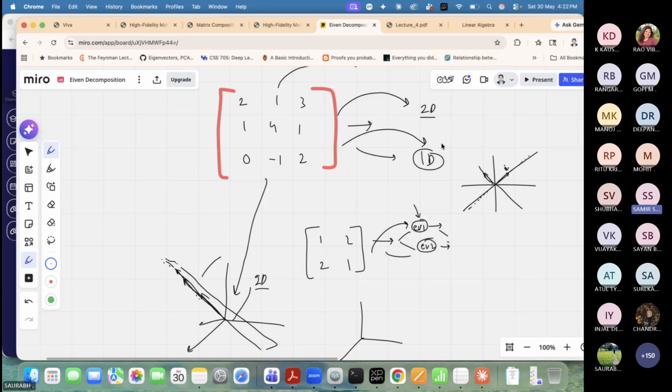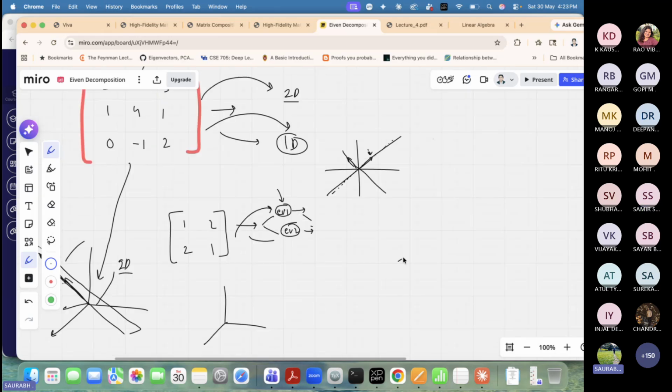Yes, so 1D is quite easy to understand when you say same axis. But a 2D eigenspace is difficult to visualize. Think of it, you have this plane, and the vectors are on the same plane. Any vector that lies on the same plane would be an eigenvector. It is not about an axis.